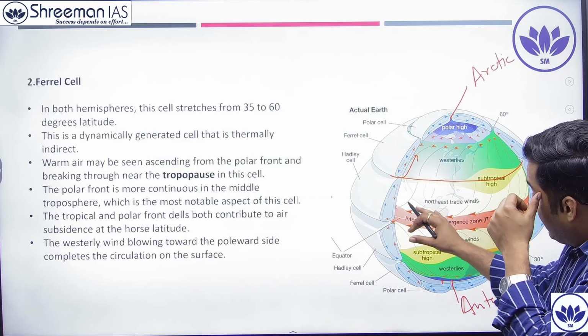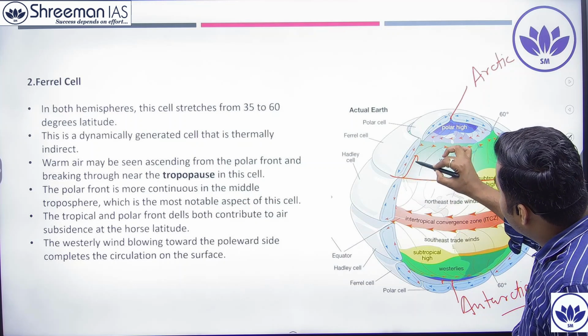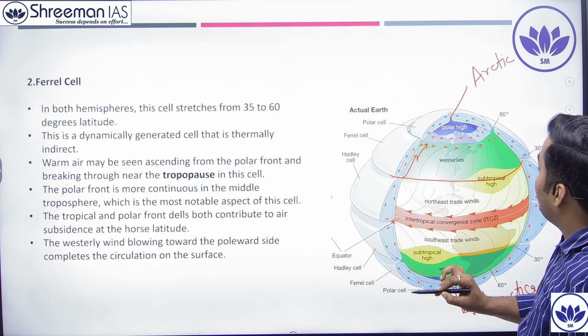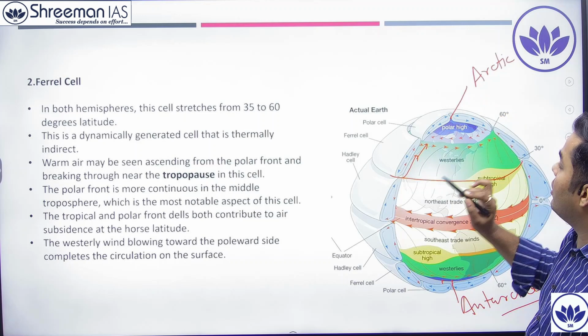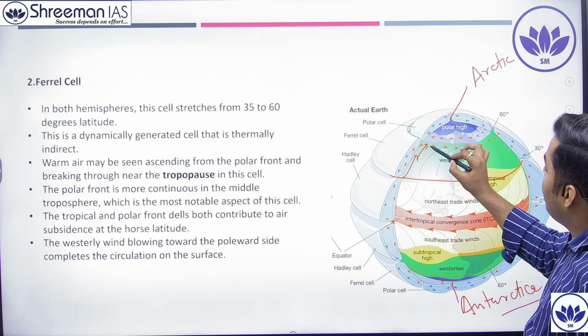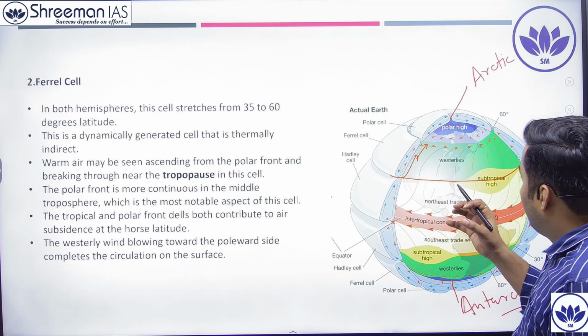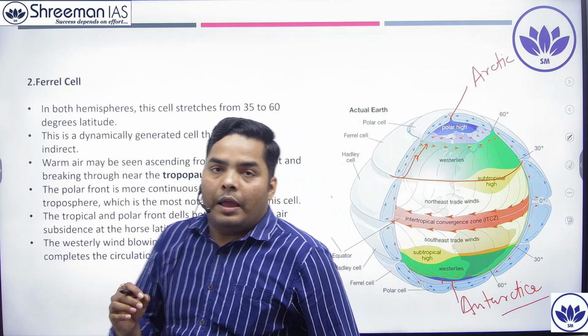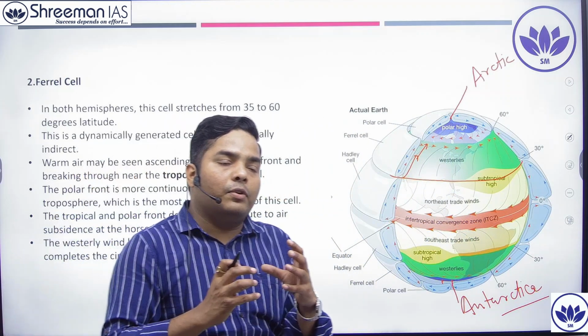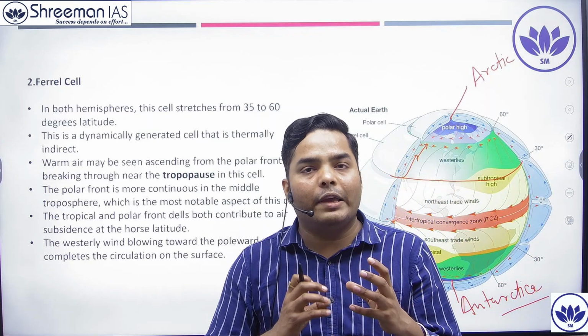So the air mass which is coming from the pole toward the tropical areas will have less temperature in comparison to these areas. So the air which is moving from 30 degrees north to 60 degrees north or 30 degrees south to 60 degrees south will meet the low temperature air mass, and the density of warm air mass is low in comparison to cold air mass.